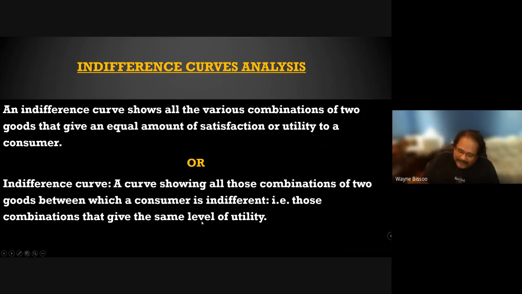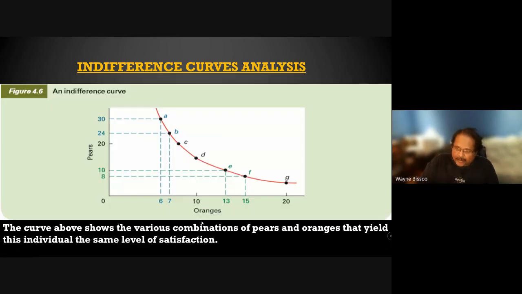So the idea is that each combination of goods that we're going to be looking at in the diagrams here, so this is an indifference curve here, it doesn't matter which combination I get, I don't care because they all yield the same level of satisfaction. All right.